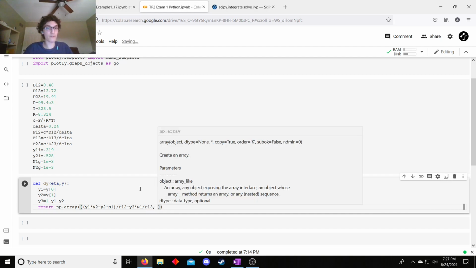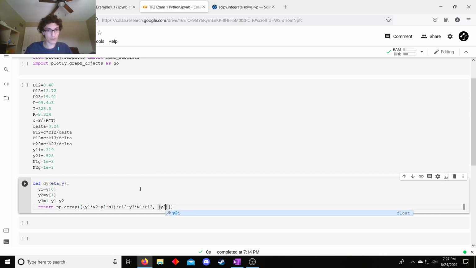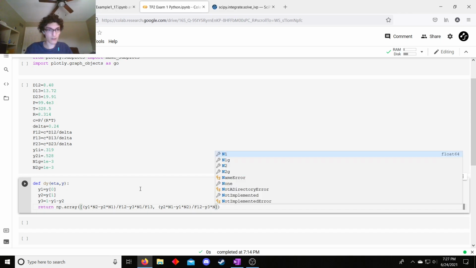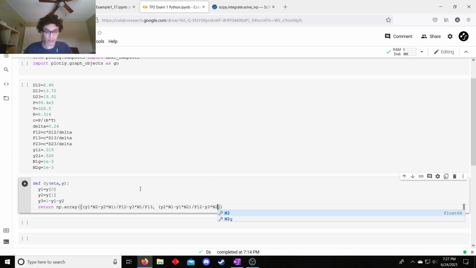Okay, and then for the second expression in this array, we're going to have y2 minus y1 and n2, divided by f12, times n2, divided by f23.